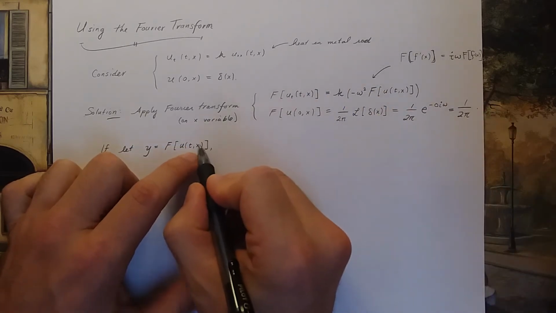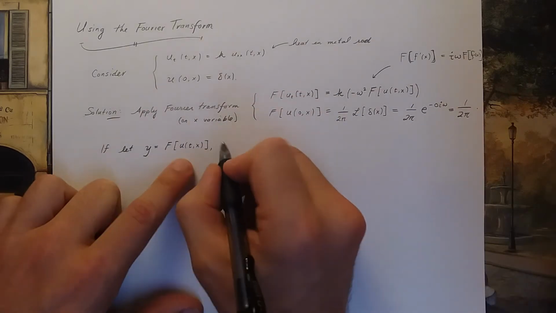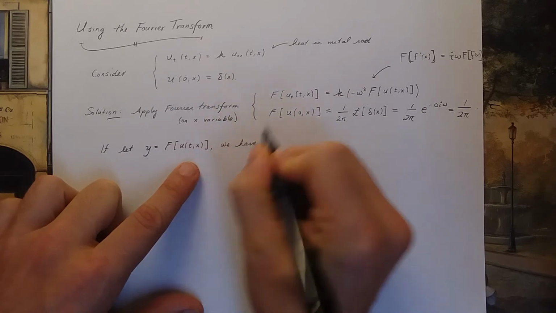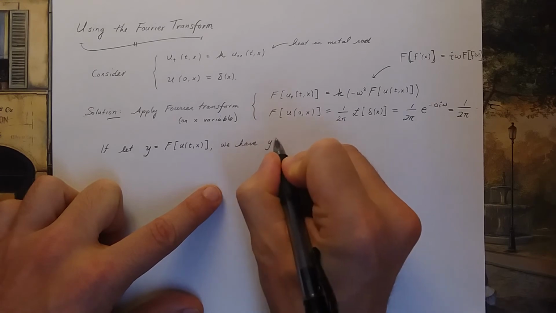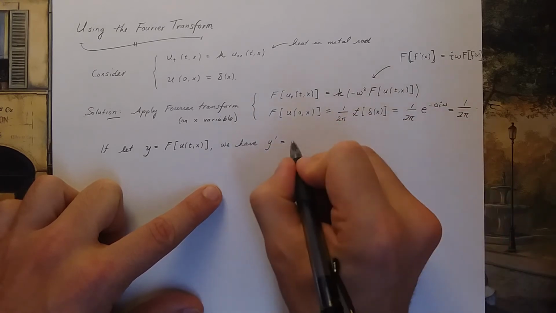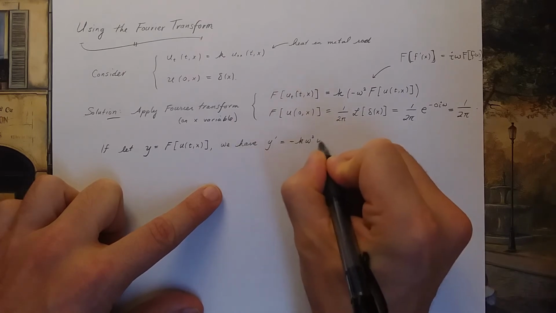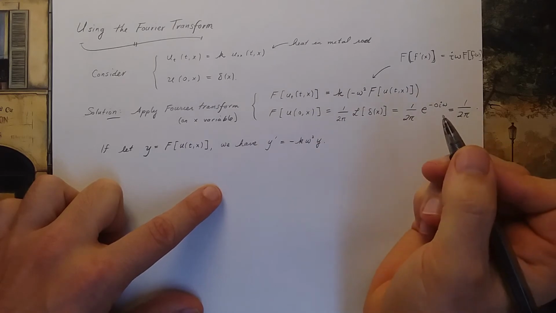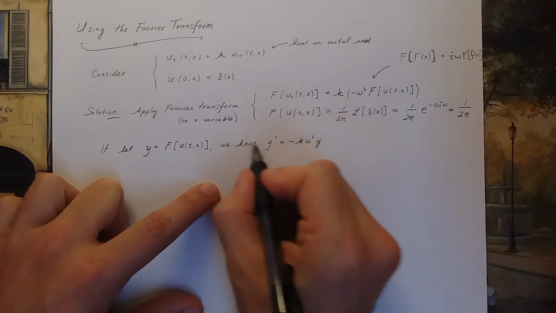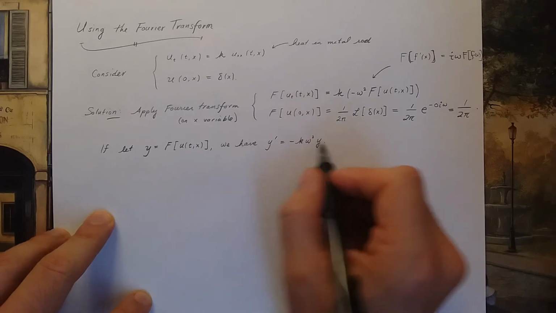So I changed all the x's into omegas using the Fourier transform. So we really have the differential equation that the derivative of y with respect to t is equal to negative k omega squared y. This is the derivative with respect to t. And now I have a pretty easy differential equation to solve. This one you could solve almost by inspection.